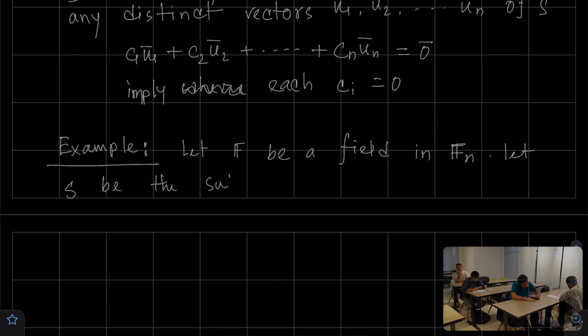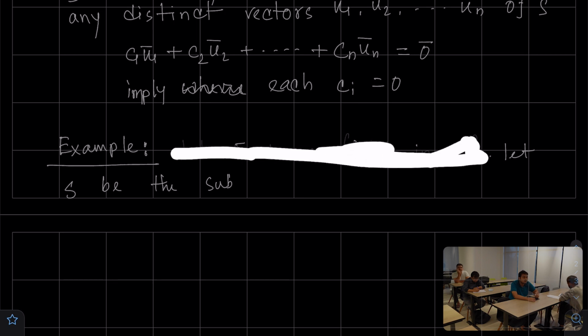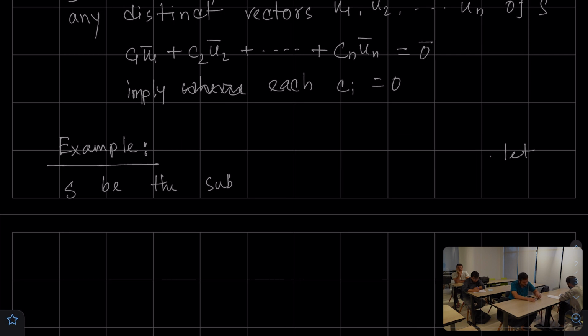What do you mean by Fn? I mean, subspace. It is also not clear. What do you mean by F be a field in Fn? Fn is a vector space over F. So are you considering that vector space? Yeah. Let Fn be the vector space over F.